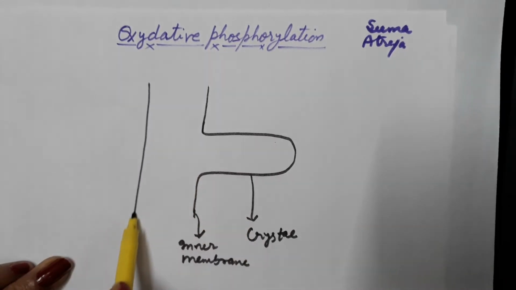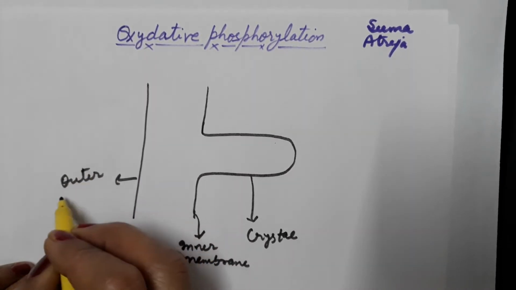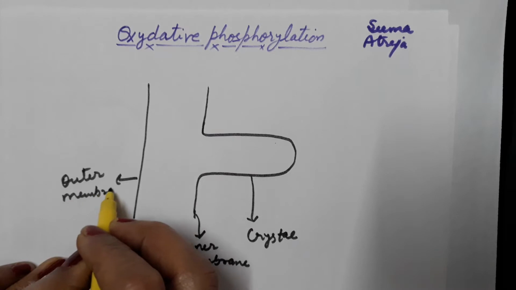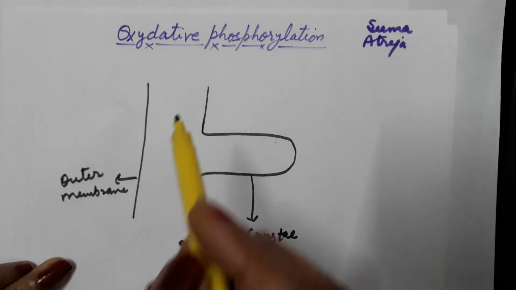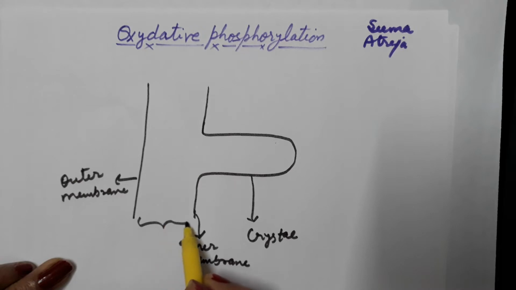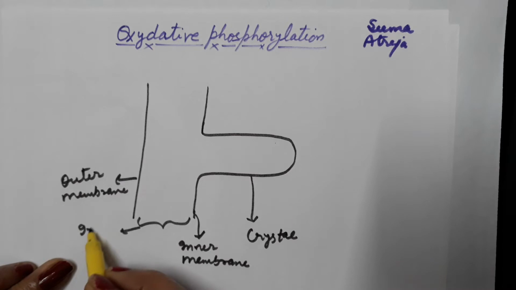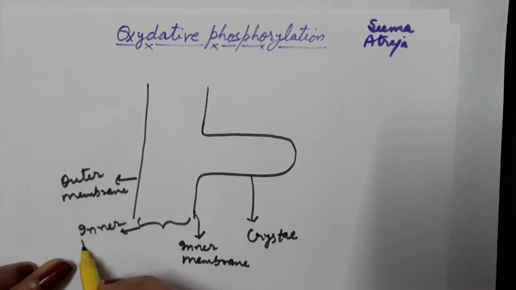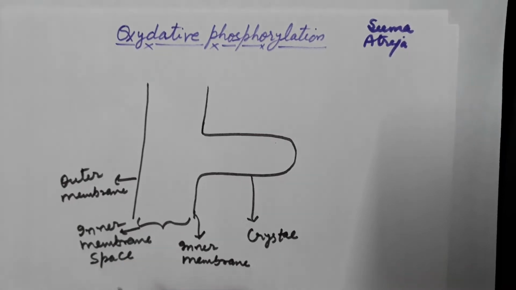This is the outer membrane of mitochondria. This is the inner membrane space.